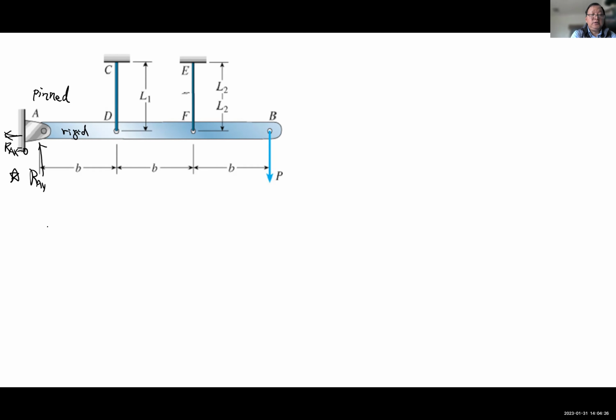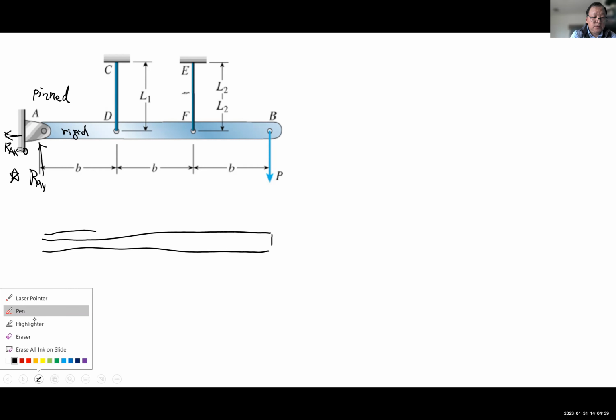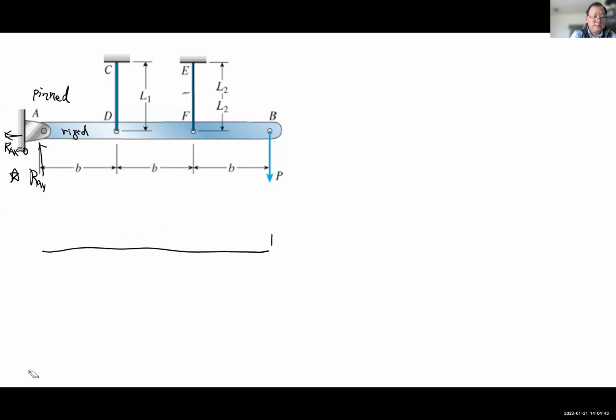If we draw the free body diagram of this beam, excuse my drawing, let me make it a little bit better. Right here, here's a joint connection.